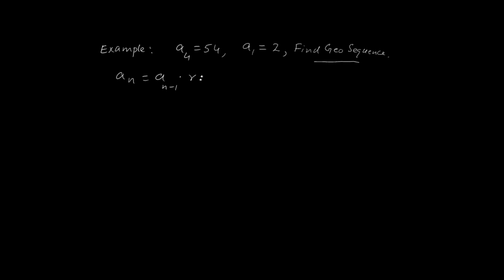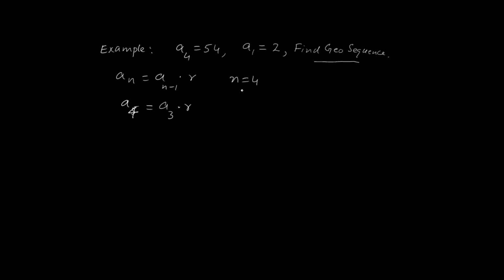We do not know r, we know the fourth term and the first term. Now put n is equal to 4 in this recursion formula. We will have a4 is equal to a3 multiply r. Over here comes the number 3, because n is 4, 4 minus 1 is 3.